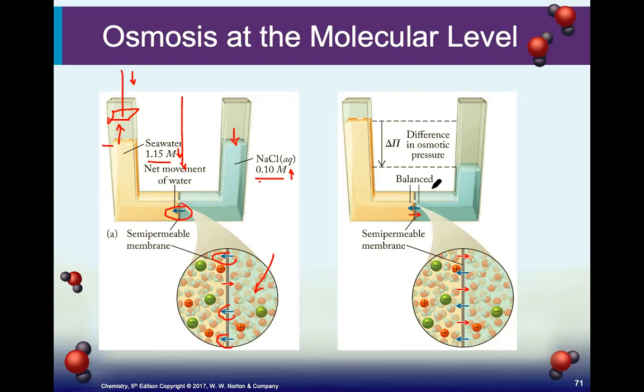When the concentrations become equal on the left and on the right, that means that equilibrium has been reached and there is a balance between the amount of molecules that go to the right and the amount that go to the left. And that only happens if the concentrations are the same.